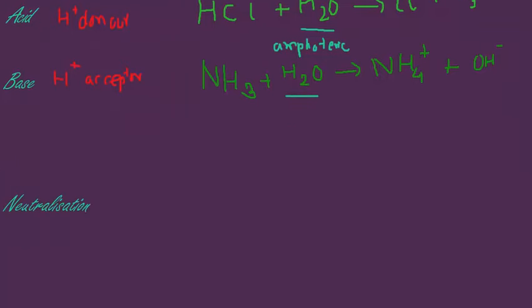Now let's talk about neutralization. So neutralization, according to the Bronsted-Lowry theory, is the transfer of a proton from an acid to a base. So let's take an example here. We have hydrochloric acid and ammonia.